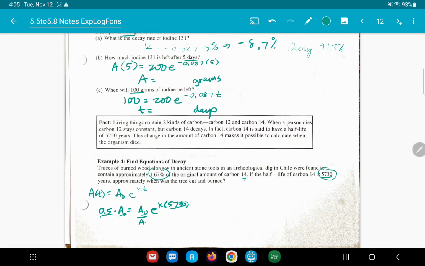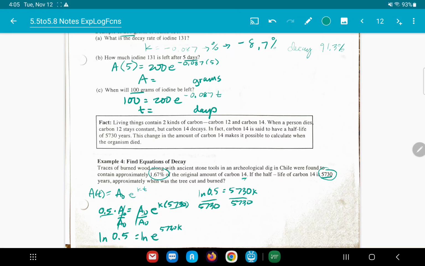We divide by a sub 0 and get 0.5 equals e to the 5730k. To solve for k, we need to ln both sides. Then ln of 0.5 equals 5,730k. Lastly, solve for k.